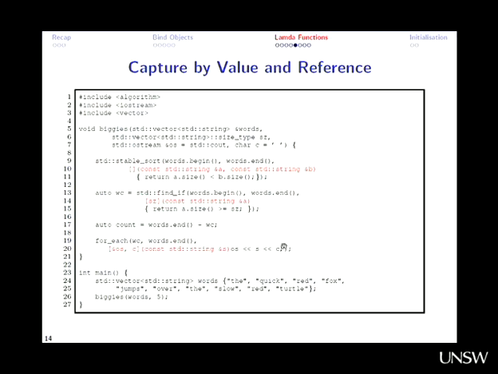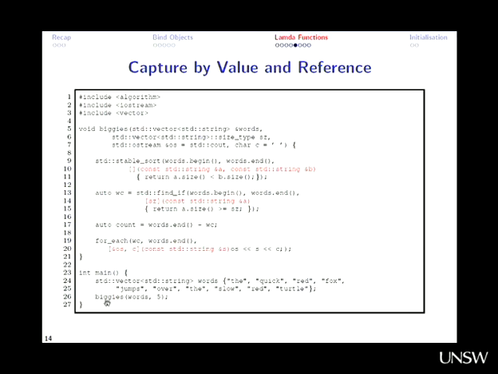So let's start down in main. I have a vector of words: the quick red fox jumps over the slow red turtle. I don't know who wrote that, but that's not the standard way of saying it.